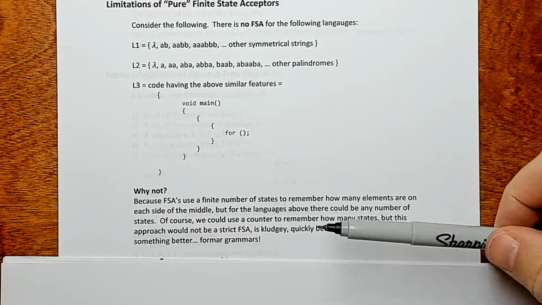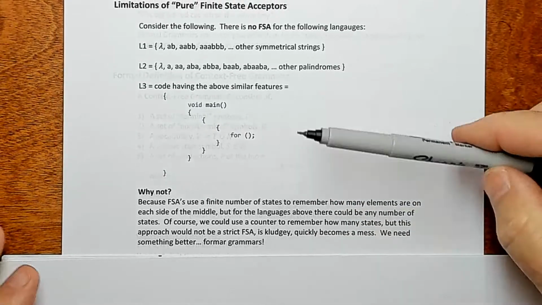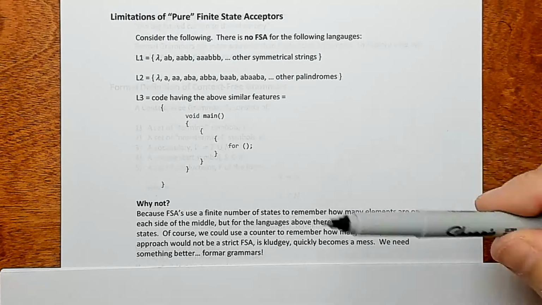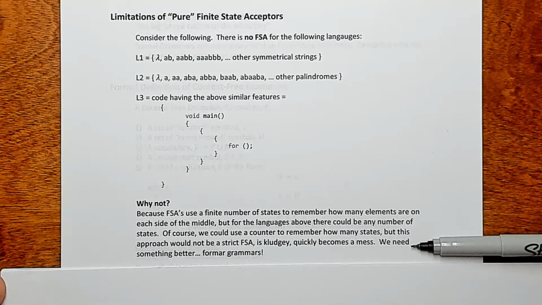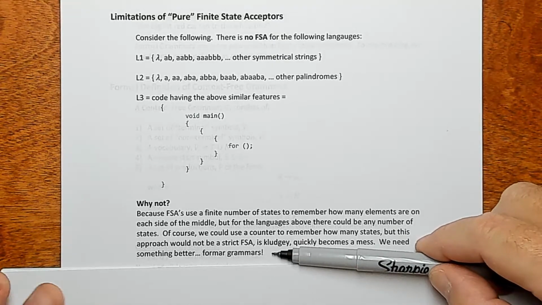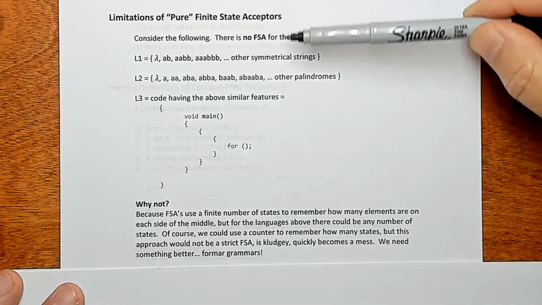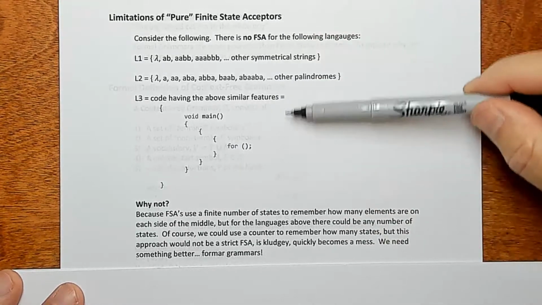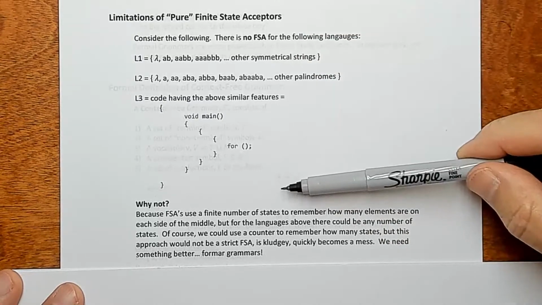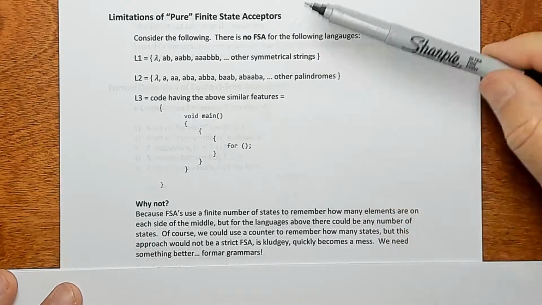Now you can put a counter in there and sort of modify an FSA, but that starts to become rather kludgy and messy. Okay, so what we need is something better than an FSA, and we have that. We have formal grammars. So what I just said was finite state acceptors are pretty powerful, but they have limitations for detecting strings of a certain format, like shows up in code and in other things.